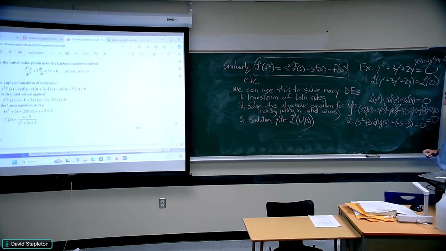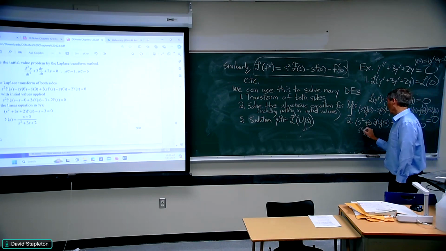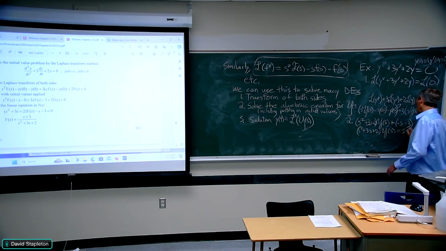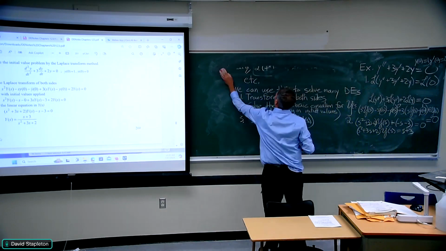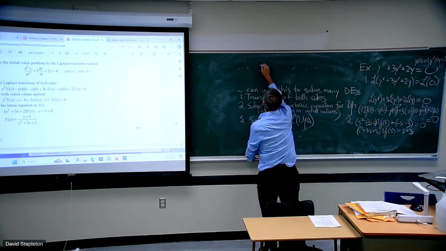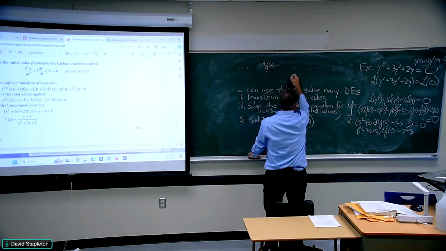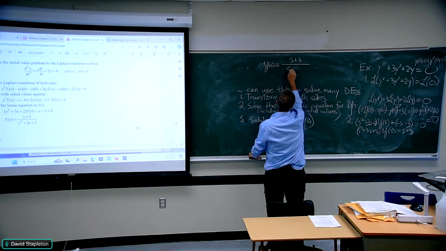That's an algebra equation in y of s. It's just something times y of s plus something equals 0. Well, s squared plus 3s plus 2, all multiplying y of s, equals s plus 3. We divide through, and we get y of s equals s plus 3 over s squared plus 3s plus 2.